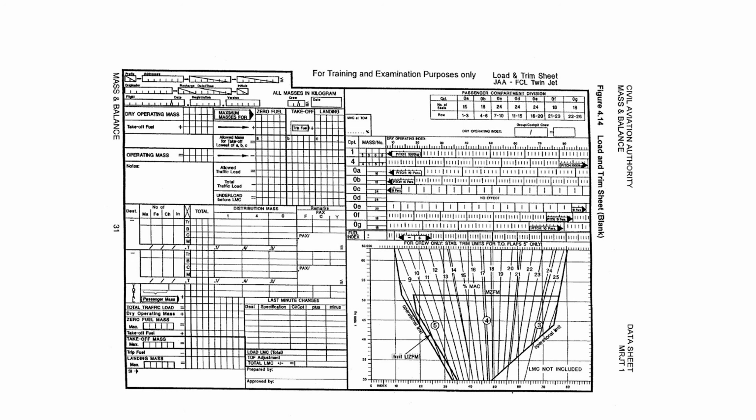At the bottom of these rows, the line coming out then enters the CG envelope, and cross-referencing with the actual zero fuel mass, the actual takeoff mass, and the actual landing mass enables the CG limits and positions to be determined to be within a safe area.